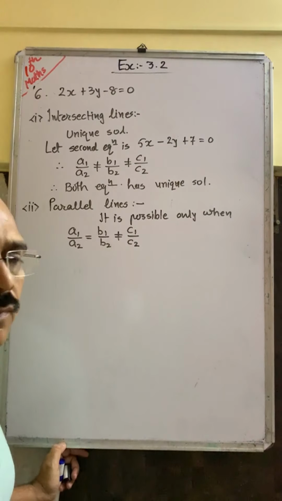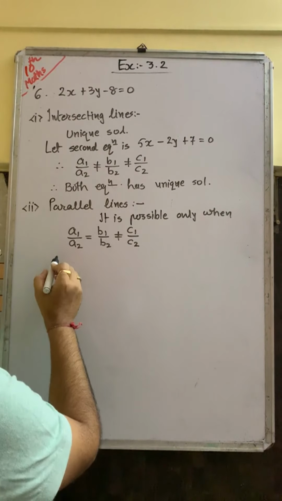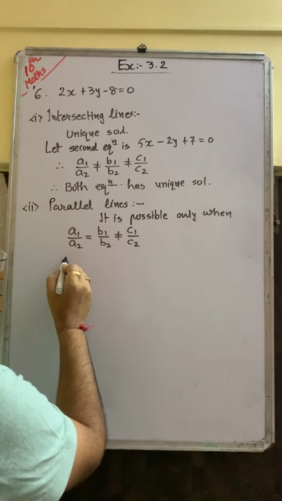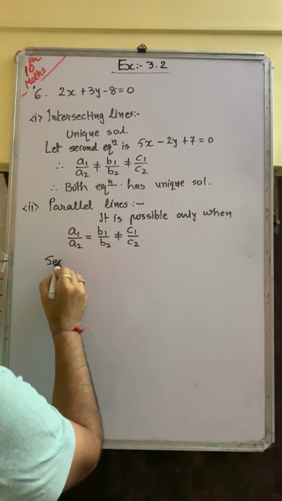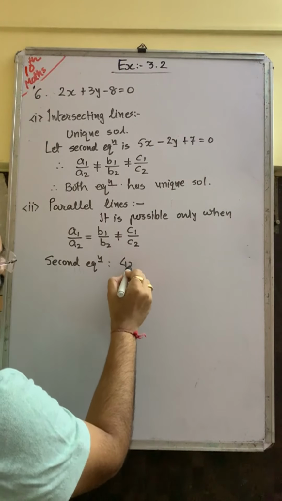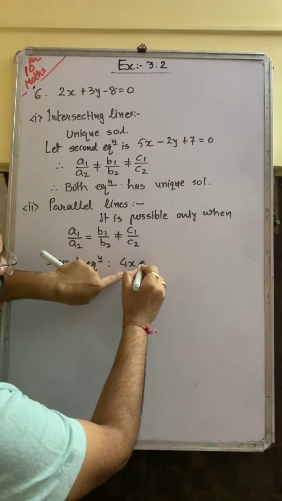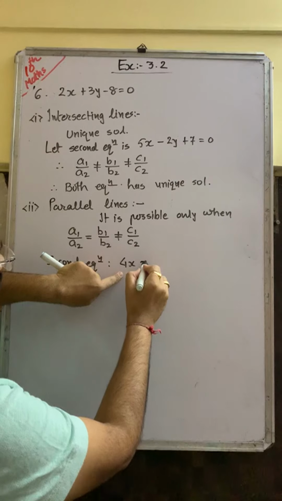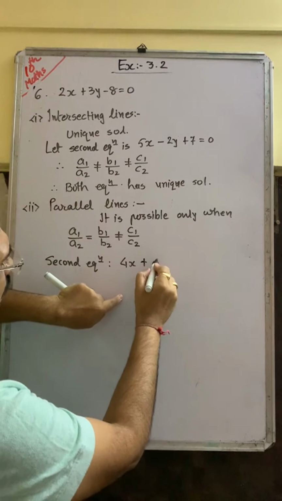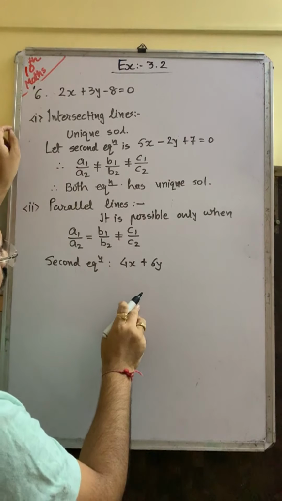So by seeing this condition, let's write the equation. Suppose I write 4x in the second equation. Then a1 upon a2 is 2 upon 4, that is half. So now I should write plus 6y, since 3 upon 6 is also half, but it is not equal to c1 upon c2.